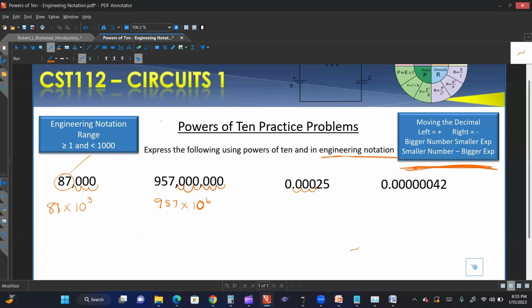Let's move it 3 more times. 4, 5, 6. Now what we're going to do right here, we're just going to add a 0 to this one right here. So this number in engineering notation will be written like this: 250 times 10 to the minus 6.